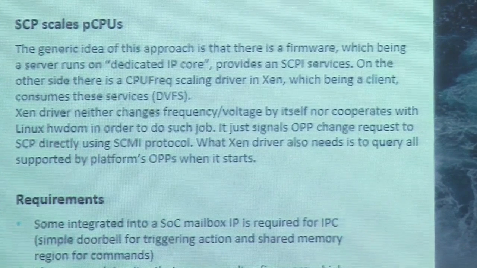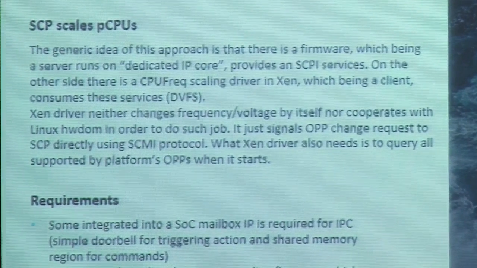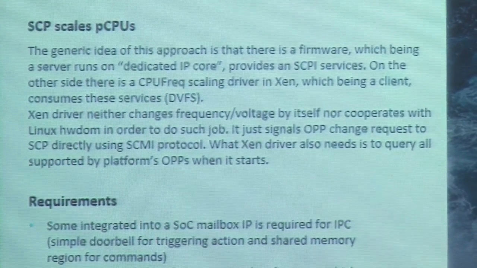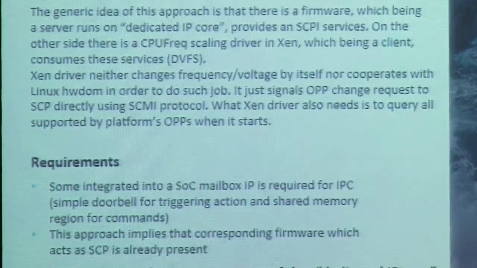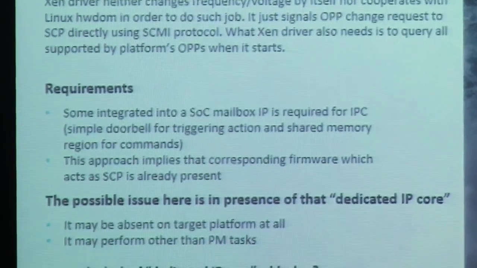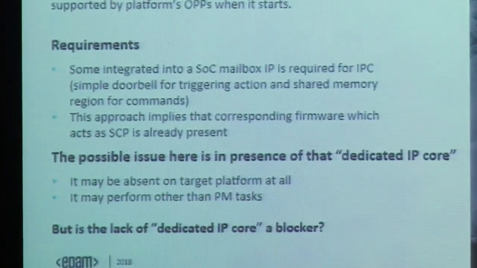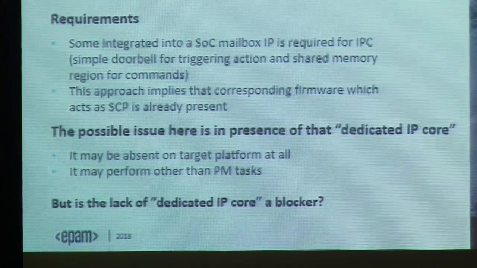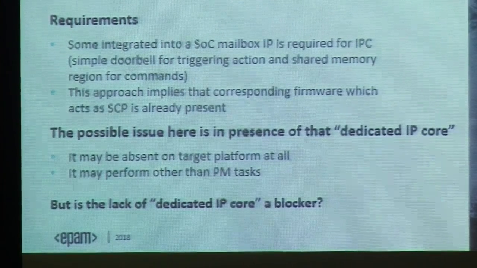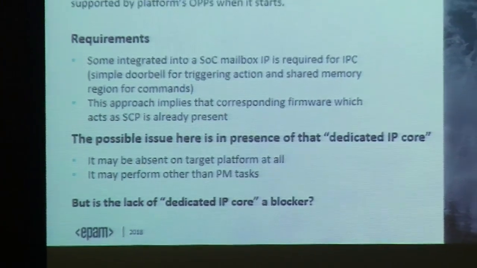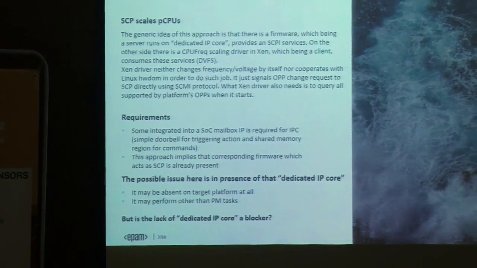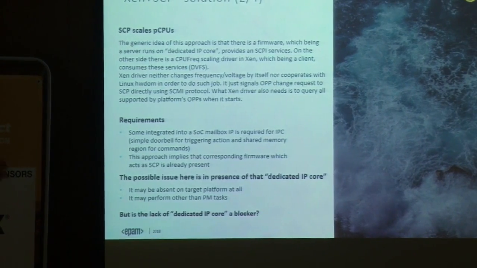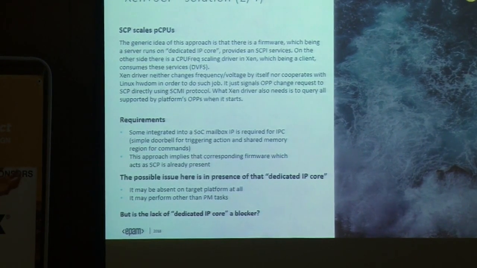So the CPUFreq scaling driver in Xen just signals an OPP change request directly to the SCP. That's all. As for requirements, some mailbox IP is needed for IPC between the SCP and Xen. Also, the main point is that corresponding firmware must be present, which provides SCMI services. This is the main requirement.